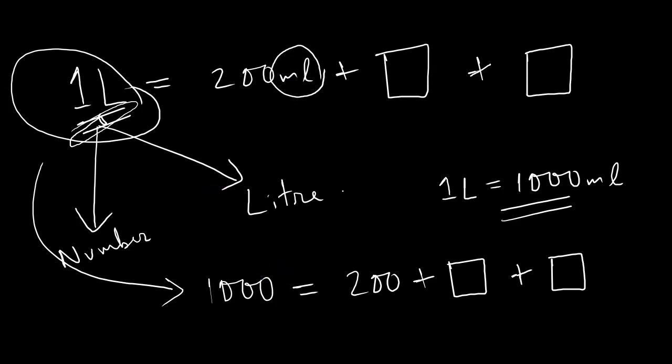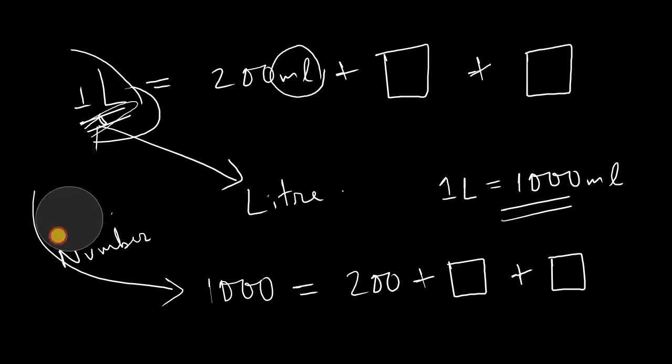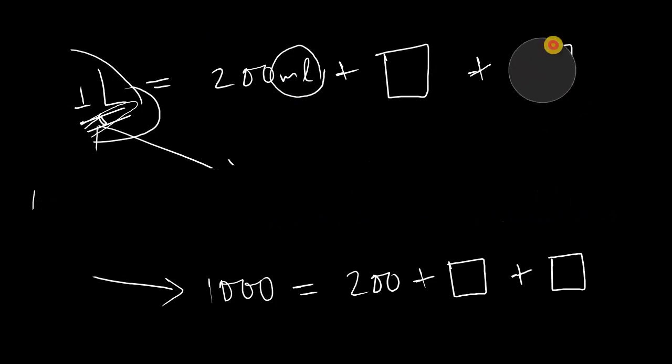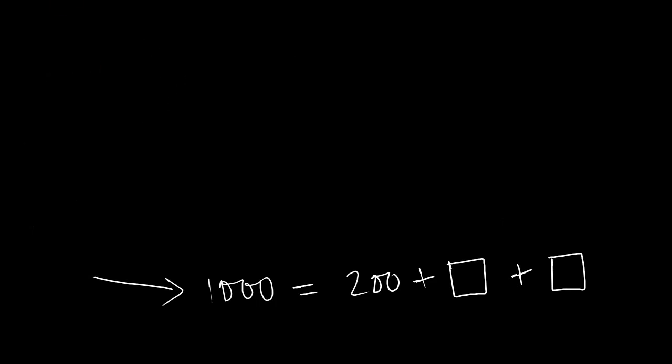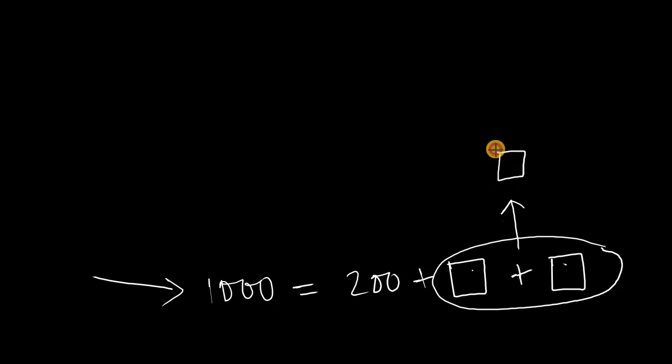Let me see. So we have got two boxes, right? Now these are basically two unknowns and they behave like a single box. So let me use this symbol.